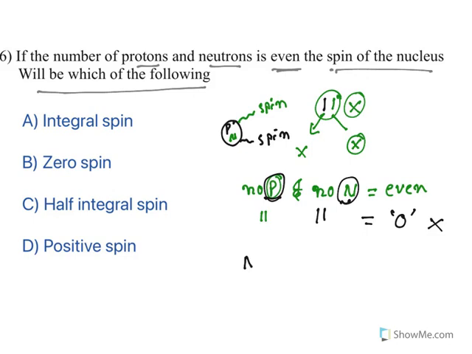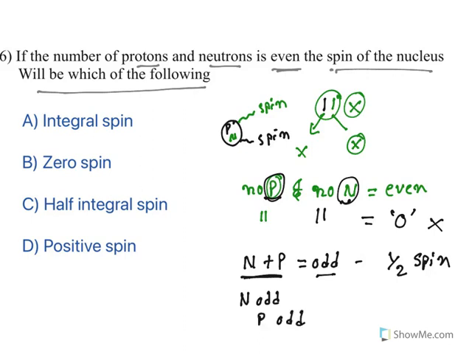Now, if the sum of neutrons plus protons is an odd number, then it will have half integer spin. Remember, if the sum is odd, then it will be half integer spin. Now, if neutrons are an odd number and protons are an odd number, then the spin will be integer spin. So you got it?